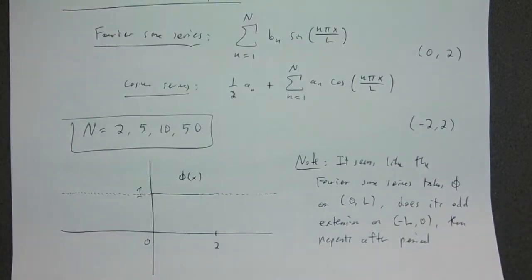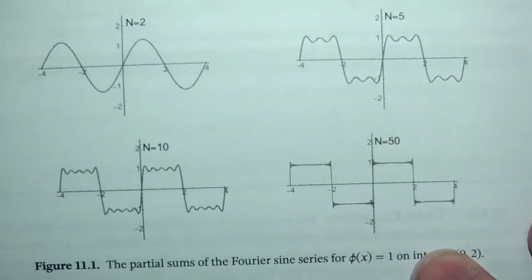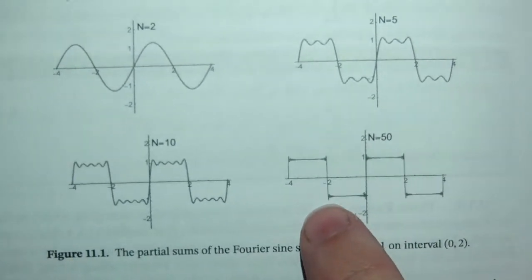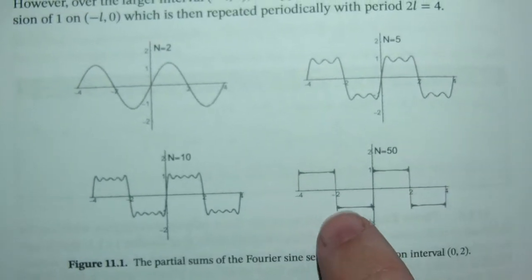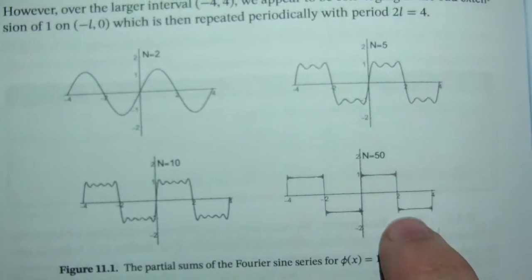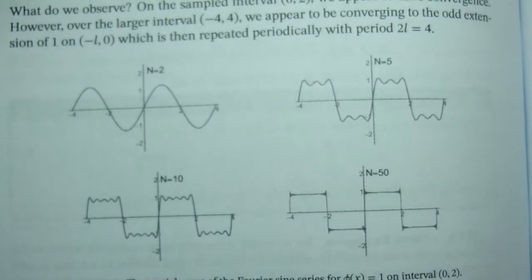Let's look at our picture. What's the period here? From here it's minus 1, here it's plus 1, now I'm back to minus 1 again. So this is at minus 2, this is at 2. So period 4, or 2L.